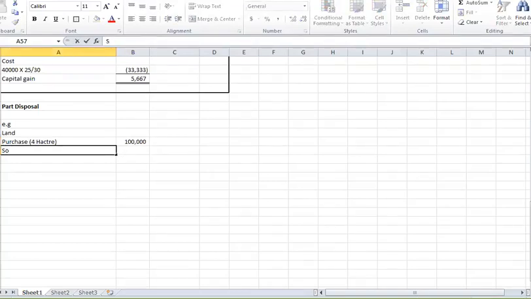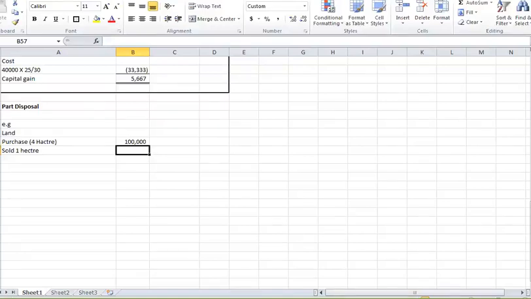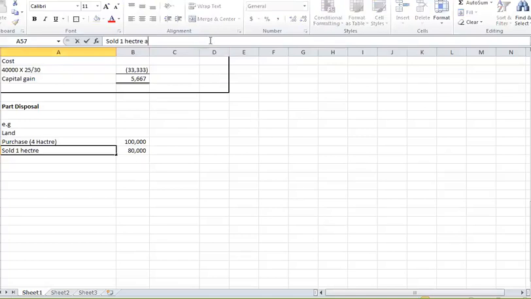We sold 1 hectare out of these 4 for say 80,000 pounds, and we sold it after 7 years.